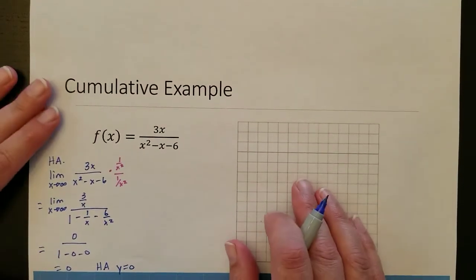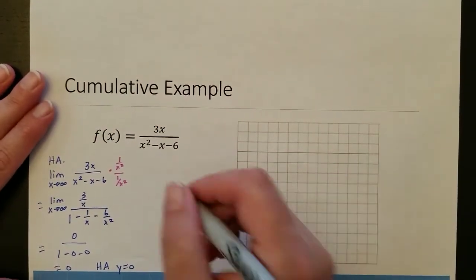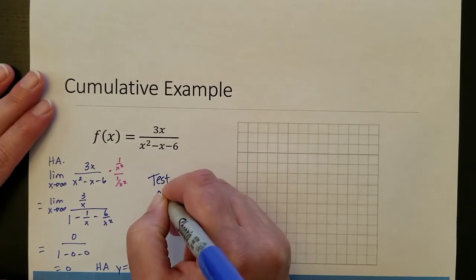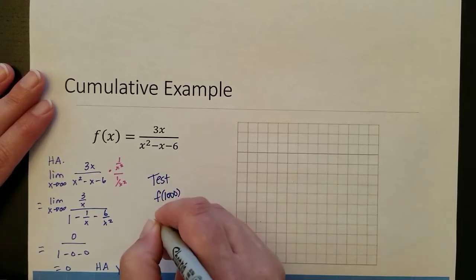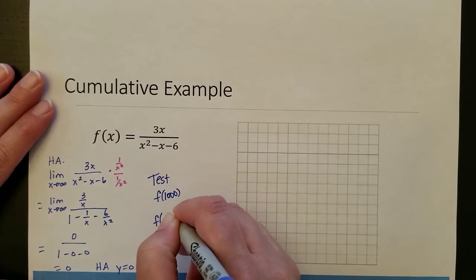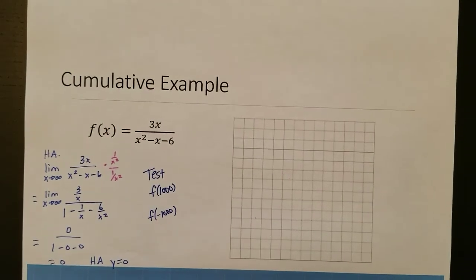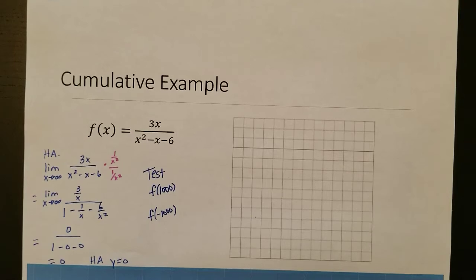The other thing we want to do is test large values. So you could test f at 1,000 and f at negative 1,000 and see, are those values above or below your horizontal asymptote.